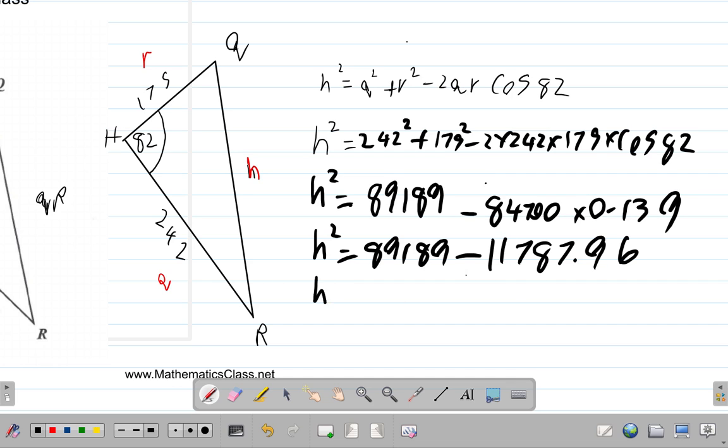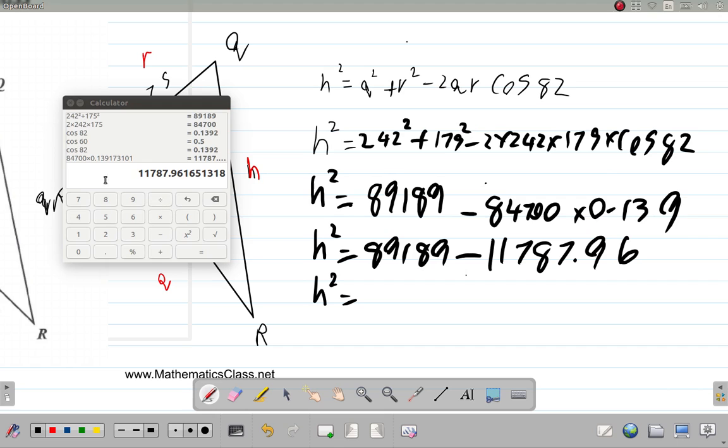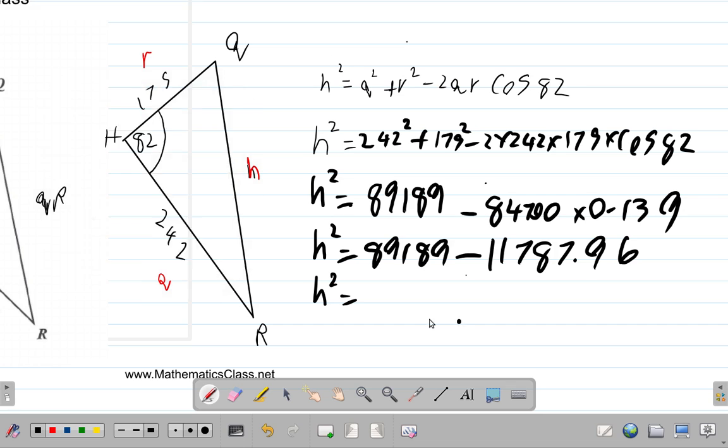So h squared equals what? Back to the calculator. 89,189 minus that equals 77,401. You see that? That's h squared. But we want h, so h is the square root of 77,401.